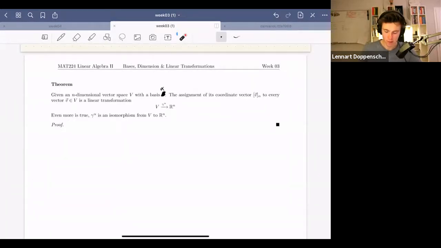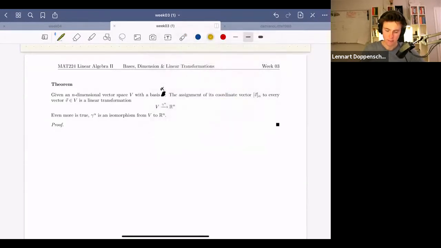The superscript is very important because the basis alpha is very important to this transformation. If the basis changes, then these will be different transformations because the linear combination depends heavily on the basis. Any questions about the notation? Does that make sense?